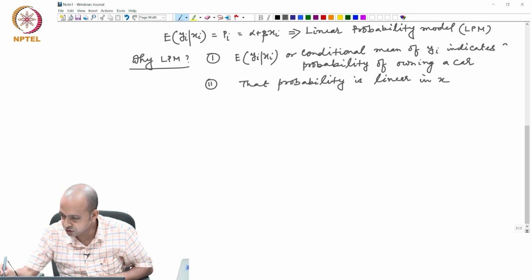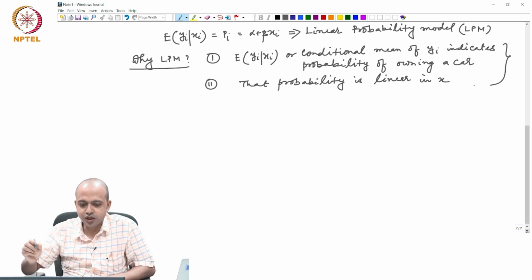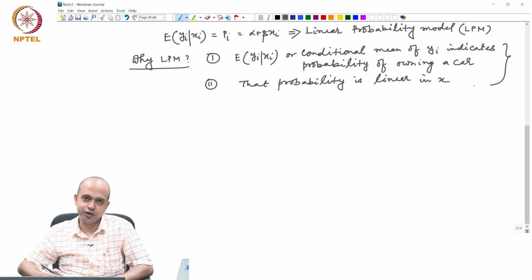Because of these two reasons, this model is called the linear probability model.